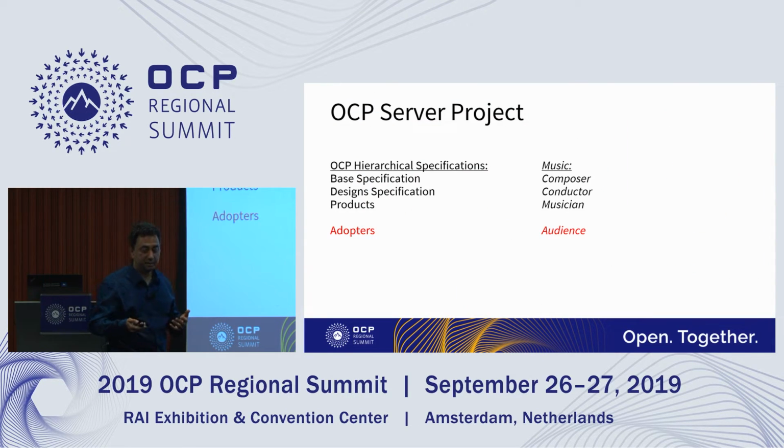So again, the work that we're doing is hierarchical, very similar to what we do at OCP Server Project. We have a base specification, design specification, and products, really to eventually provide good enough incentives for adopters, for people who are going to eventually pay for these solutions.